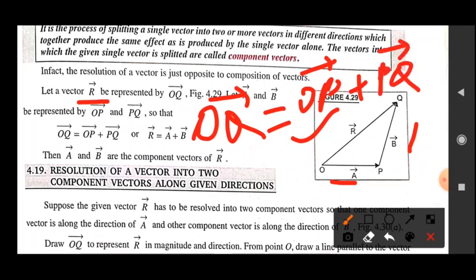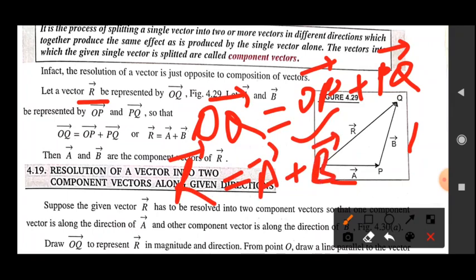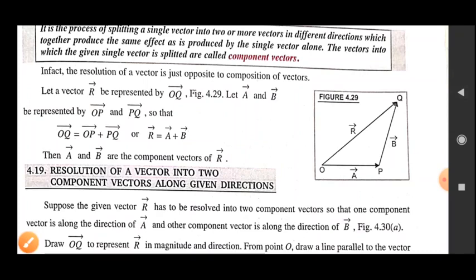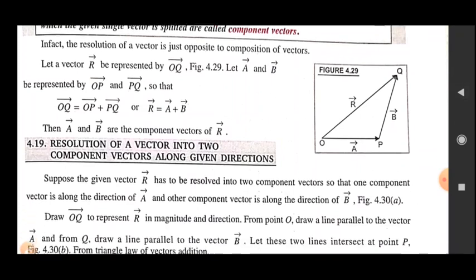Now vector OQ is equal to R, vector OP is equal to A, and vector PQ is equal to B. So R can be written as A plus B. It means that we can resolve R into two components, A and B. Simple. This is called the resolution of a vector.